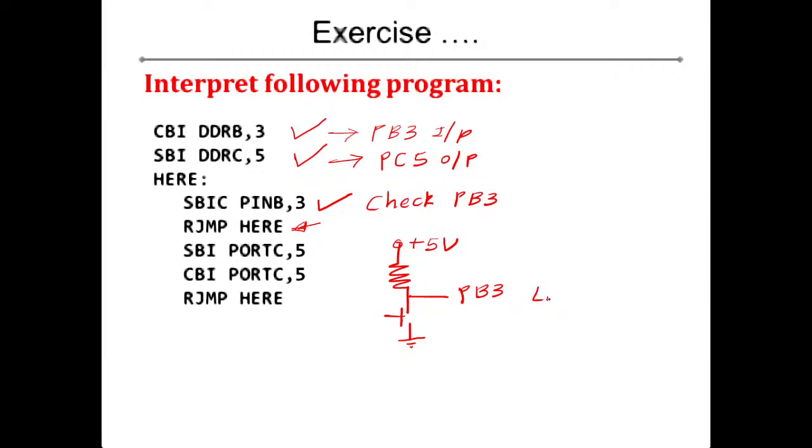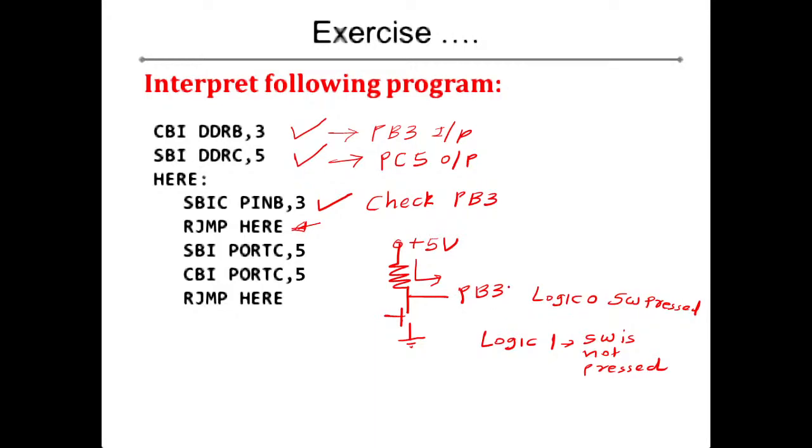Your PB3 will become logic 0 when the switch is pressed. Whenever the switch is open, the +5 will be available to PB3, so logic 1 will be available on PB3 when the switch is not pressed. If the switch is pressed, logic 0 will be available.